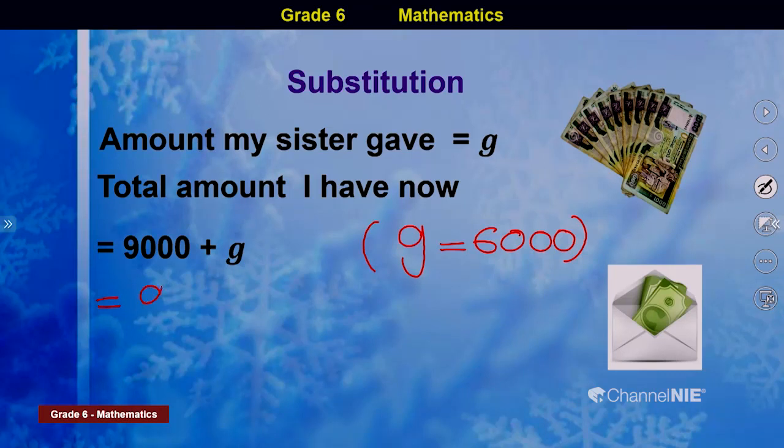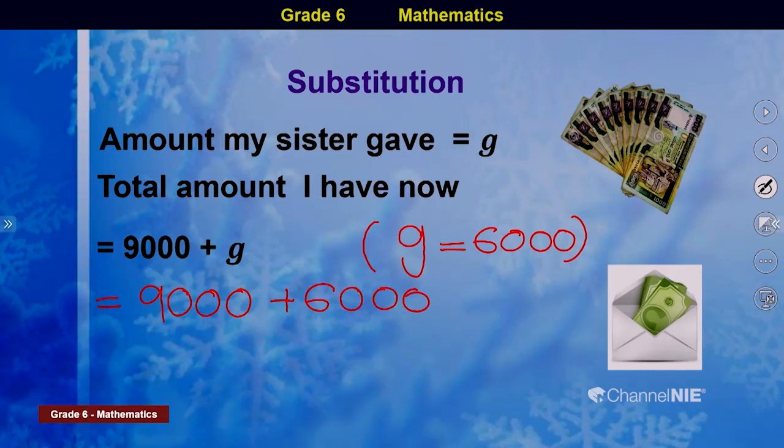For this algebraic expression, I can write 9,000 as it is. Then I am going to write the mathematical operation plus. Instead of G, I can write 6,000. Here I got a numerical expression.